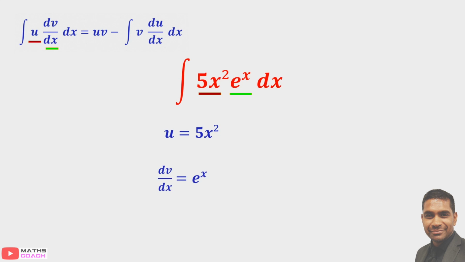And subsequently, we'll then need to differentiate u, in other words, differentiate 5x squared, and integrate to find v, the integration of e^x. Now, today is not about actually working that out. Today is about planning it. In other words, preparing it, finding out what u is, finding out what dv/dx is. Once you've established that, we can go on to the next videos and look at how we actually solve it.